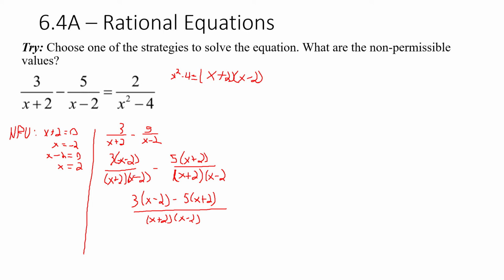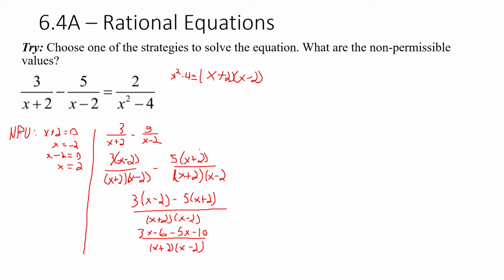Let's solve out what we can here. Let's do the 3x. 3 times x minus 2 would be 3x minus 6. And then negative 5 times x and 2 would be negative 5x minus 10. And then that's still all over x plus 2, x minus 2.